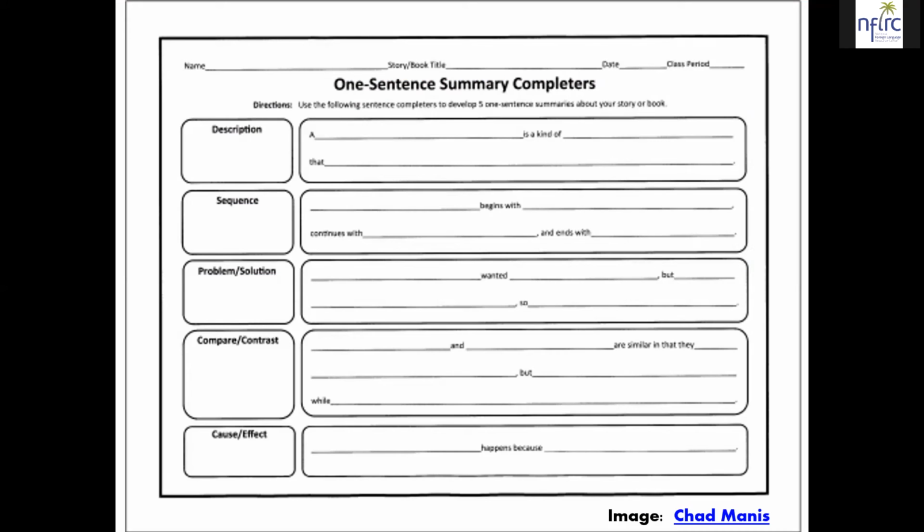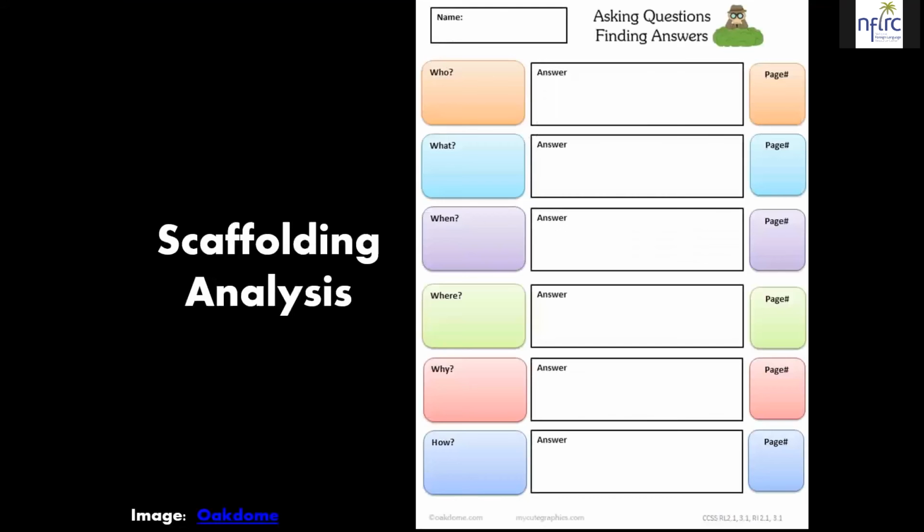If I want them to describe a sequence, then I would use the next sentence frame, and so on and so forth. And so you can start to set up the structures students will need in order to be able to summarize or accomplish whatever the oral task is.